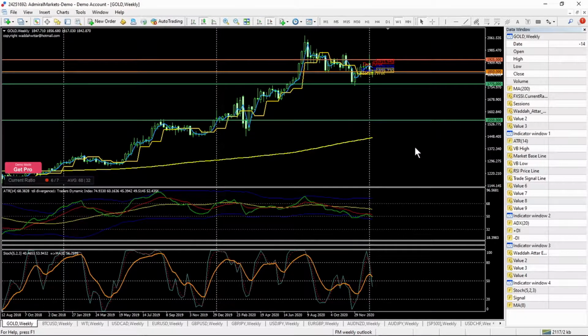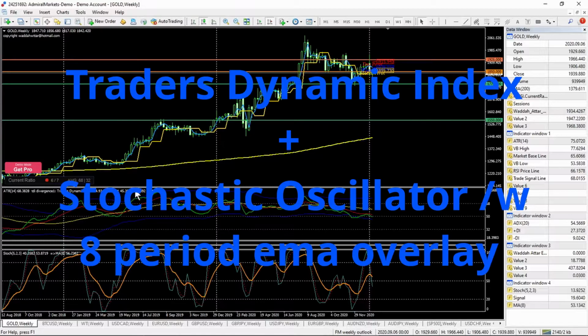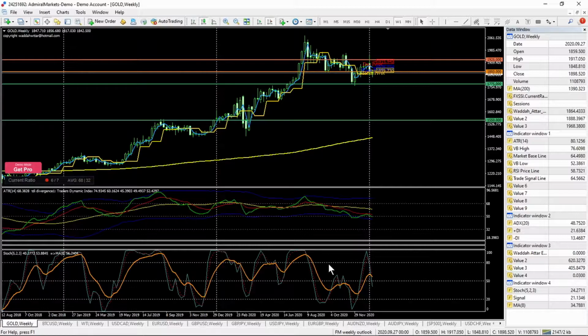All right. So in gold, on my weekly, what I have is the market. Right now I have two indicators that I'm using to call this: the Traders Dynamic Index, and the stochastic with an eight period moving average.